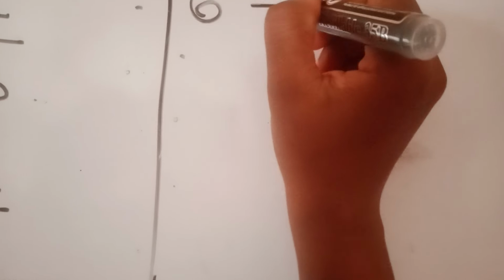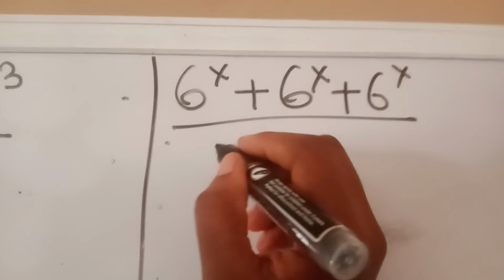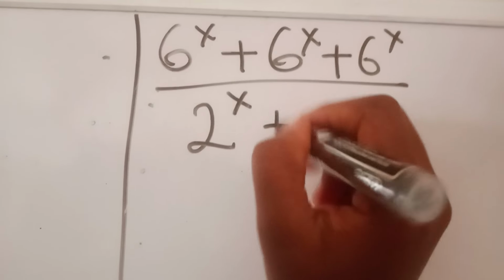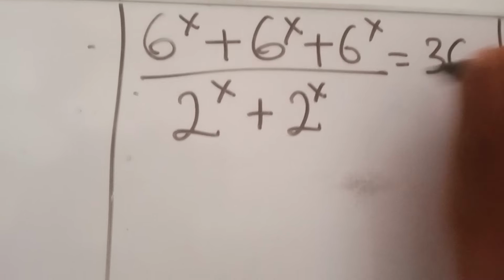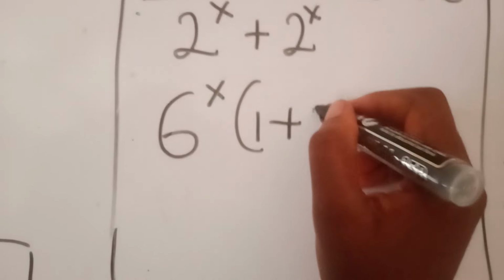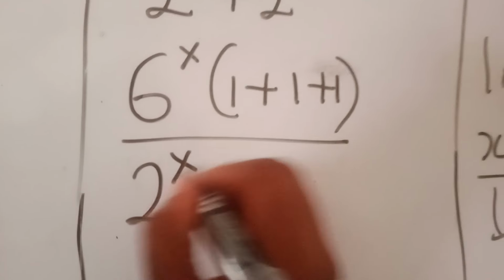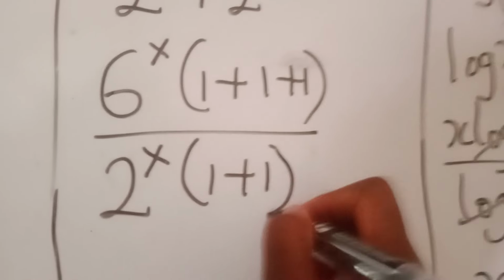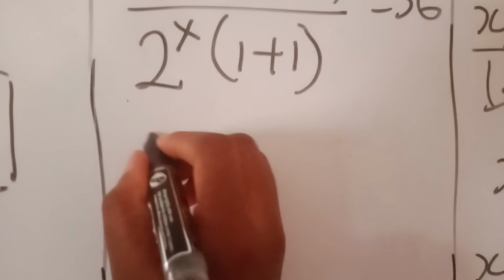Alright, so remember our question is 6 to the power of x plus 6 to the power of x all over 2 to the power of x plus 2 to the power of x equals 36. And we went further to say, let's factorize them. You're familiar with the steps already.